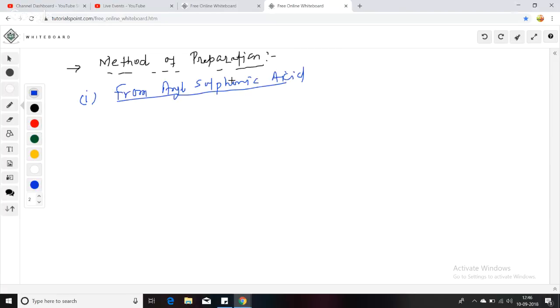So aryl sulfonic acid: we have a benzene ring, and on this benzene ring SO3H is present. Now if this compound reacts with NaOH, basic medium, then H and OH come out as H2O, and we get the sodium salt of this compound, that is ring SO3Na.